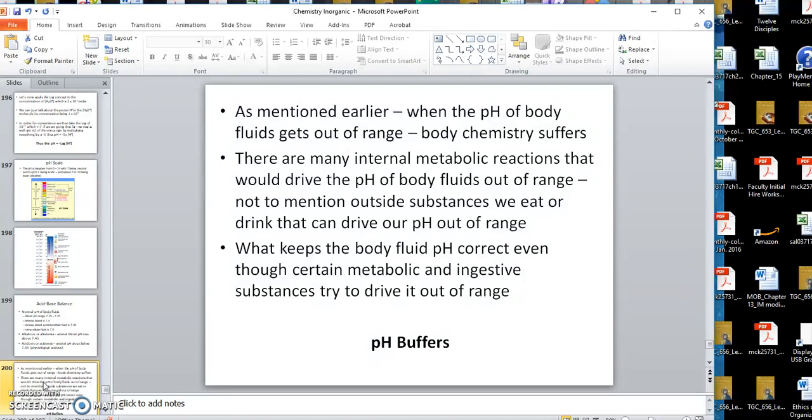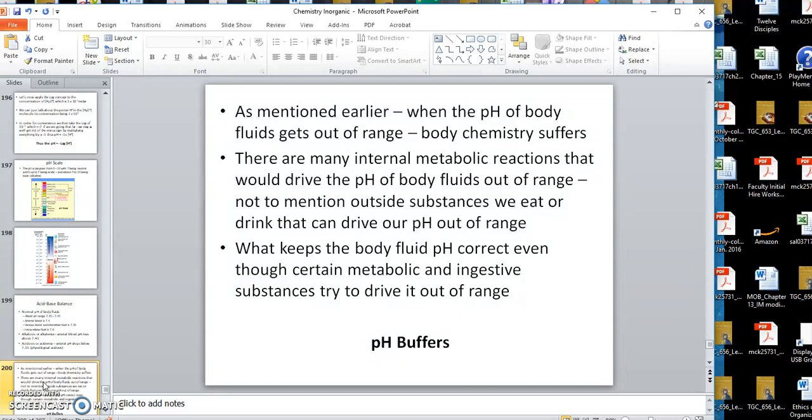In order to do that, we have insults to our body. Insult, you may recall, in clinical terms means anything that will deviate you from the homeostatic range. And in order to maintain the body pH, one thing that helps is something called a pH buffer. A pH buffer helps to neutralize insults, shall we say, to keep the pH within normal range. We'll talk more about that in ANP2.